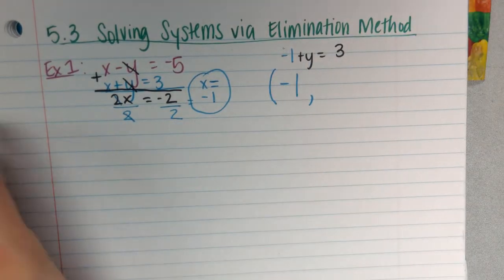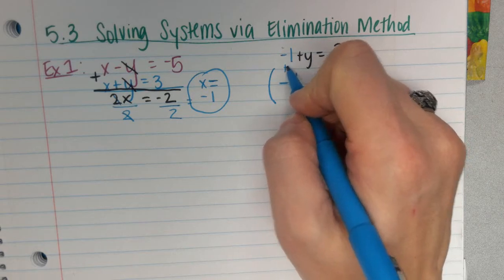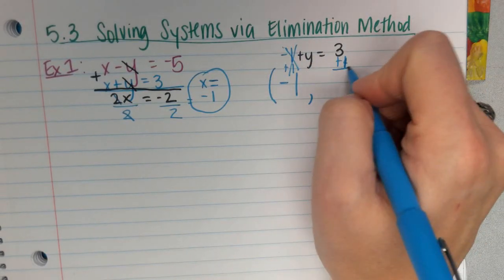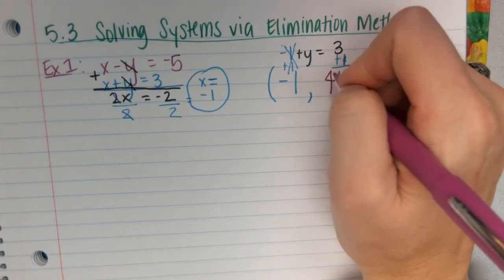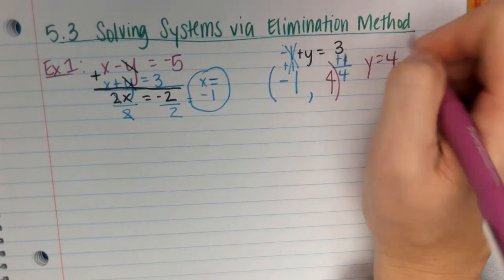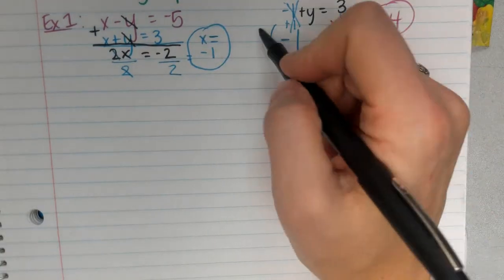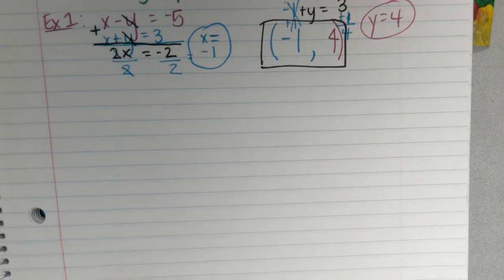We're going to put negative 1 on the other side by adding 1 to each side, and we get y equals 4. So our answer becomes negative 1, 4. Super simple, right? Let's do another one.